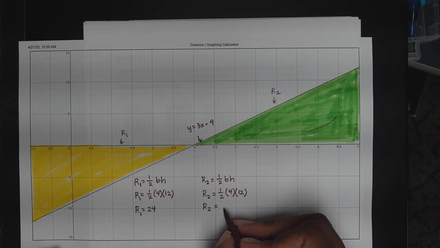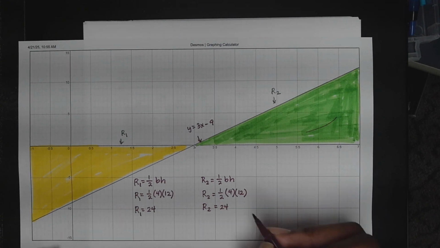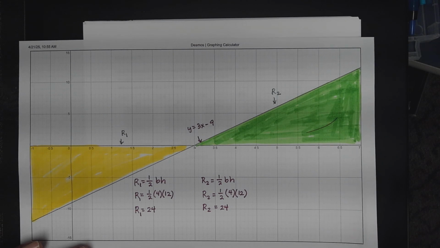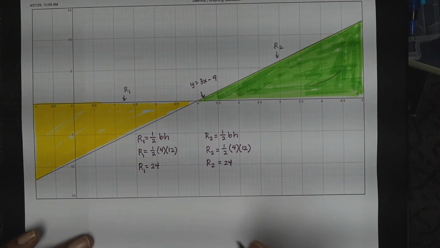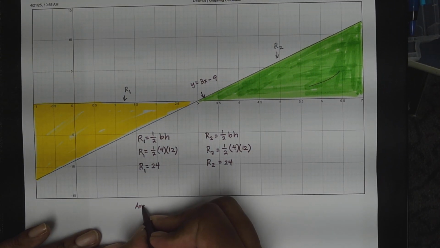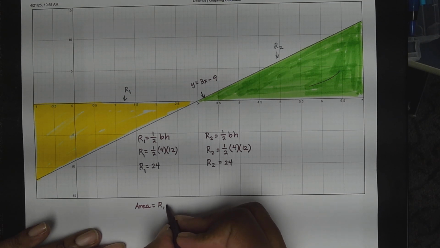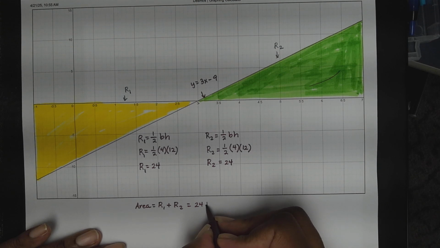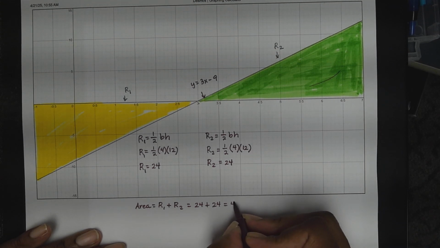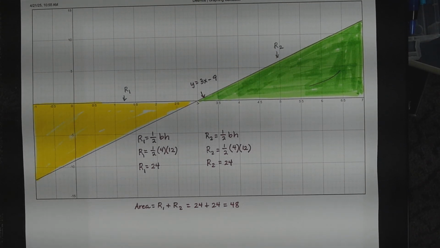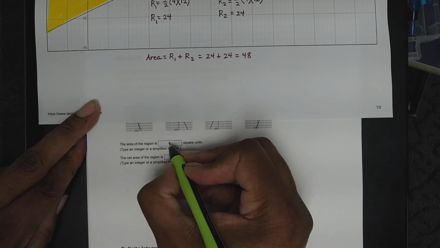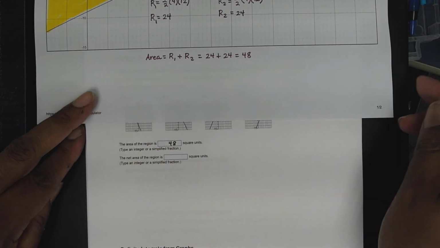Half of 4 is 2, and 2 times 12 is 24. So the area in green is 24 square units. Now for the area, it's going to be the sum of the two regions, R1 plus R2. So that's 24 plus 24, which is 48. So the area of the region is 48 square units.